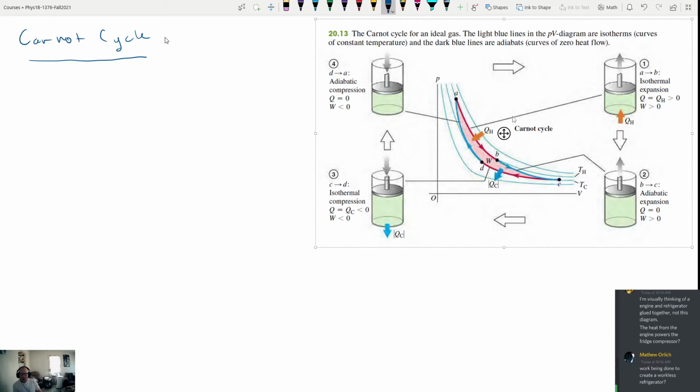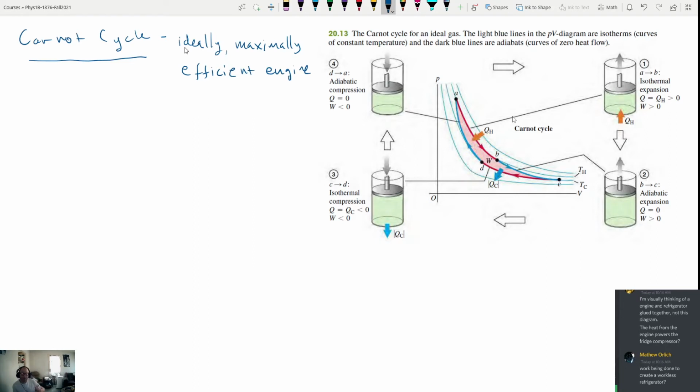Okay, so the Carnot cycle is going to be the cycle for an ideal, maximally efficient engine. So the goal is to figure out what the maximum possible efficiency is.